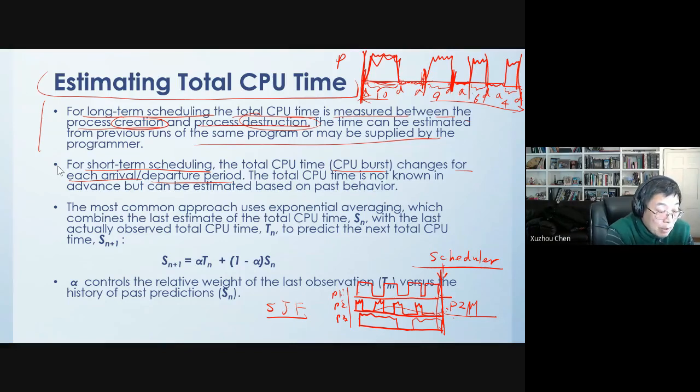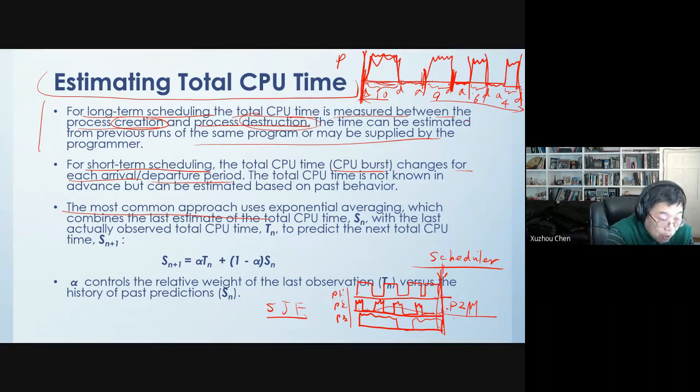Now, more generally, the most common approach is to use an exponential average. If you have a history of CPU bursts, we use the average of this history to predict the next CPU burst.